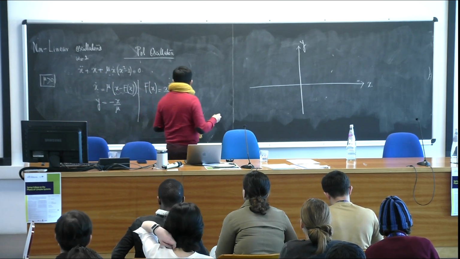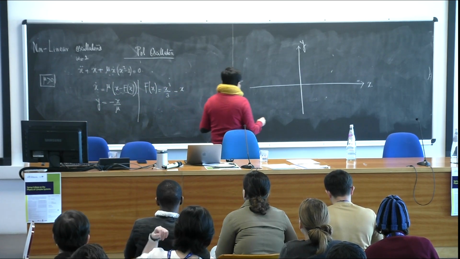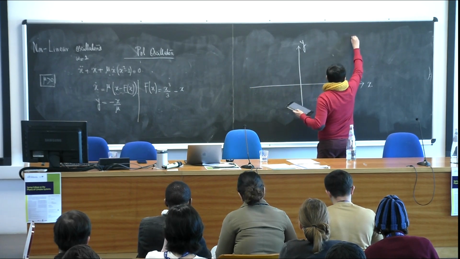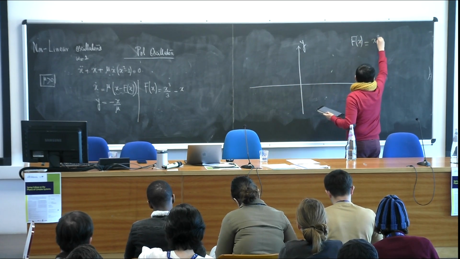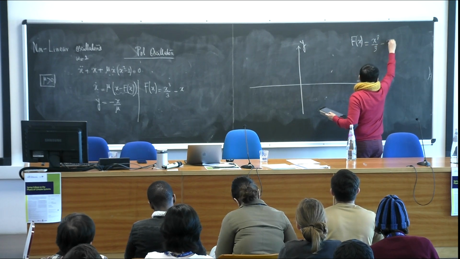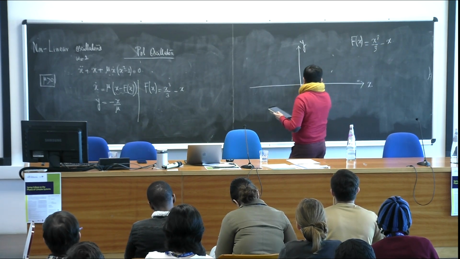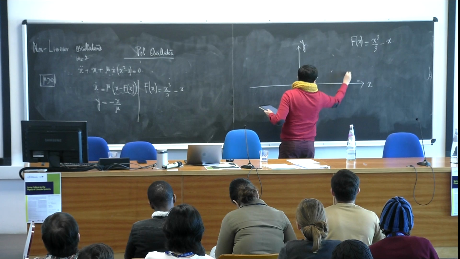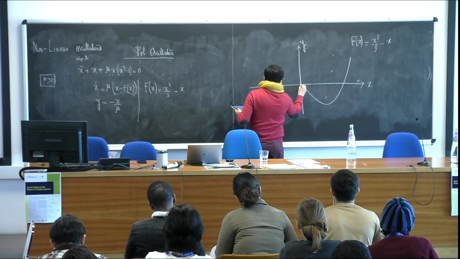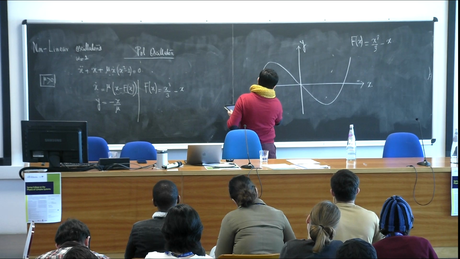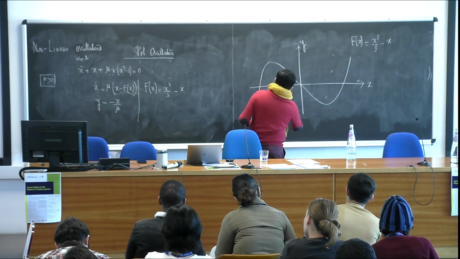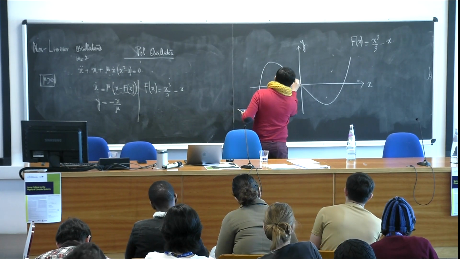So let's just see what this f(x) guy looks like. The f(x) function is x cubed by 3 minus x. So let's just plot this function. It's a cubic function, which is an odd function. I hope I drew it correctly.